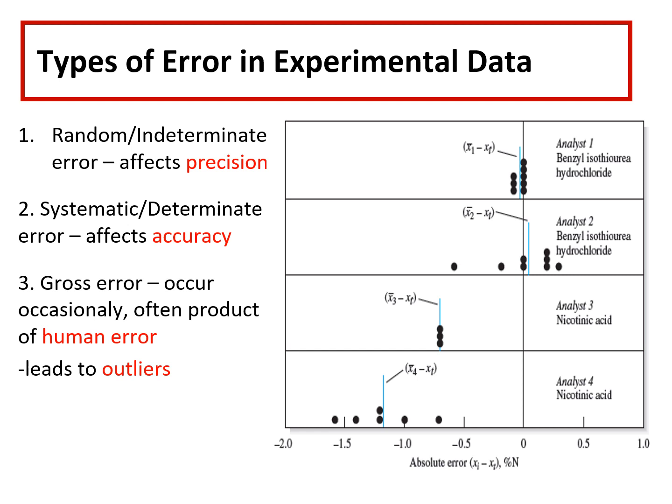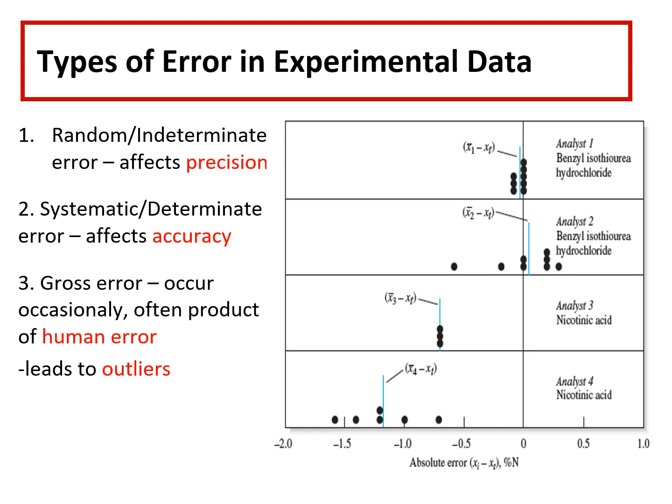One type, called random or indeterminate error, causes the data to be scattered more or less symmetrically around a mean value. If you look at the given figure again, you would notice that the scatter in the data, thus the random error, for analysts 1 and 3 is significantly less than that for analysts 2 and 4 in terms of how the dots are scattered.